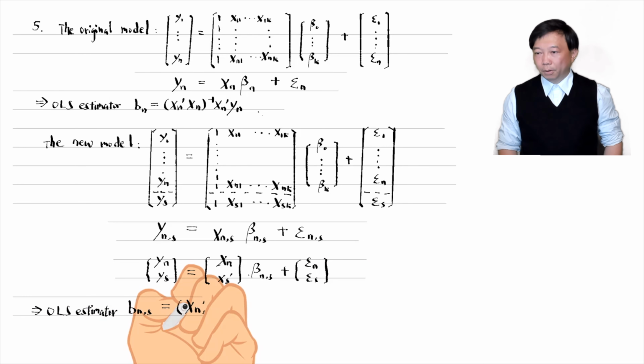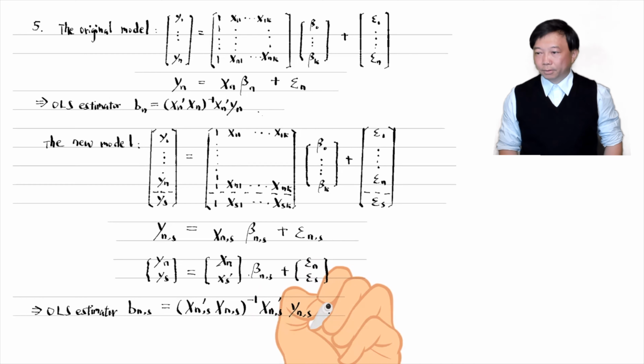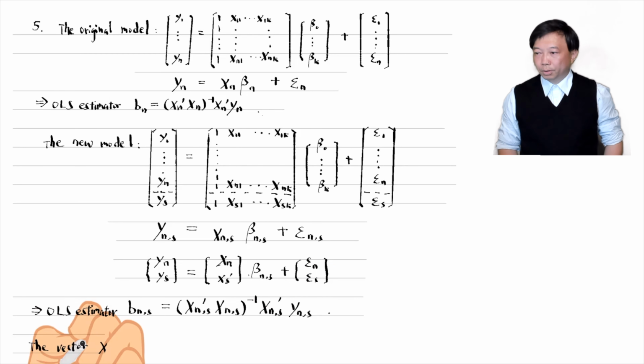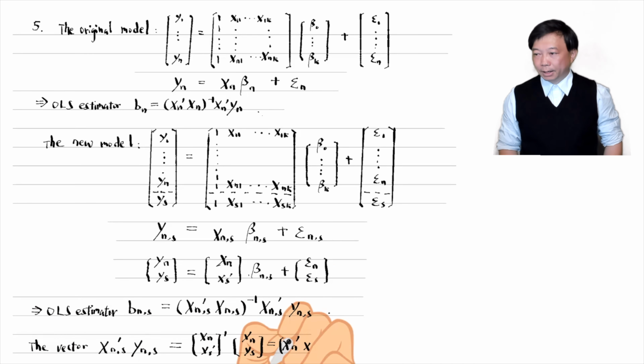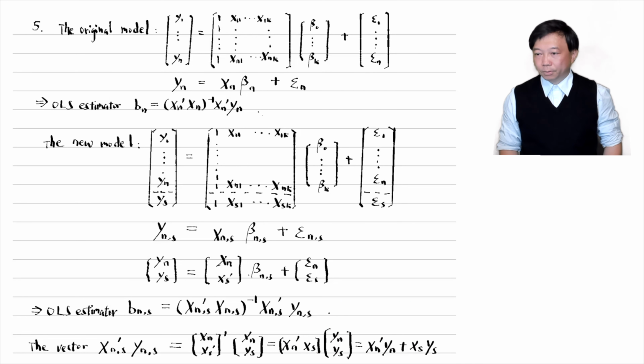Now, we focus on the new OLS estimator. The part of Xns prime times Yns is a column vector, and we can write it in terms of Xn, Yn, xs, and ys.